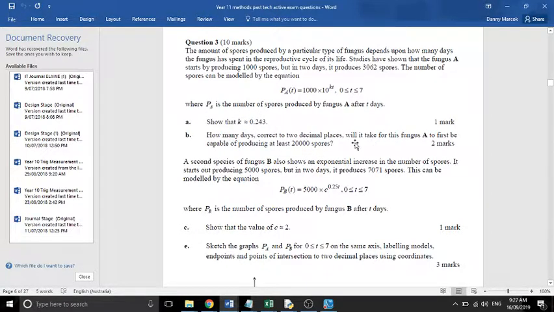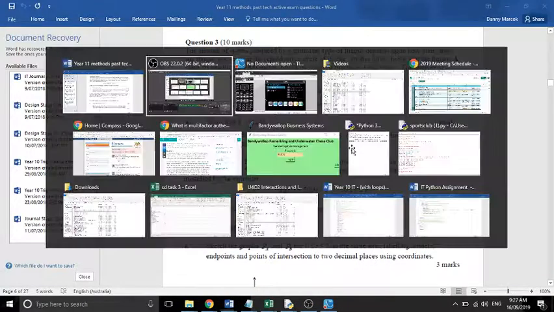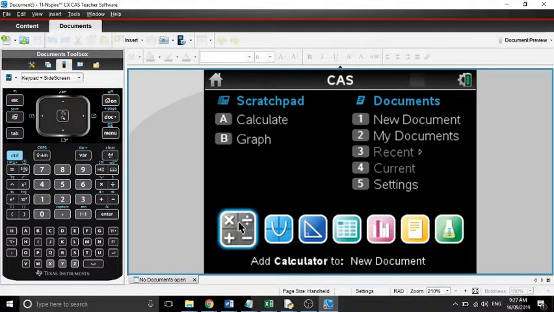So basically, what we want to see is you writing down what I'm about to type.